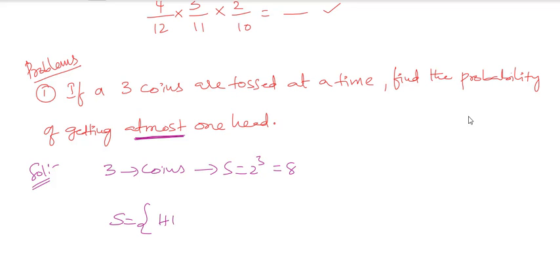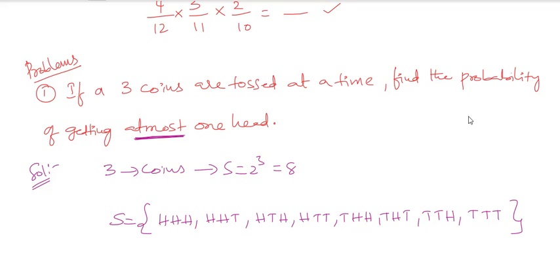HHH, HHT, HTH, HTT, THH, THT, TTH, TTT. Am I right or not? So total 1, 2, 3, 4, 5, 6, 7, 8; total 8 outcomes are there.